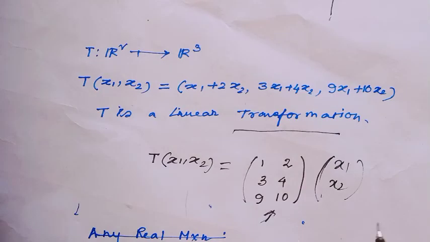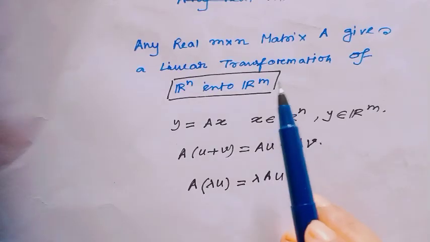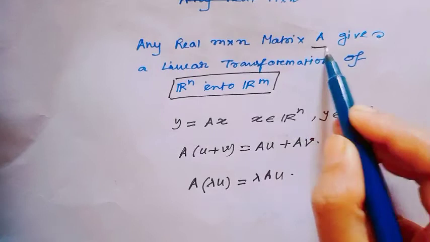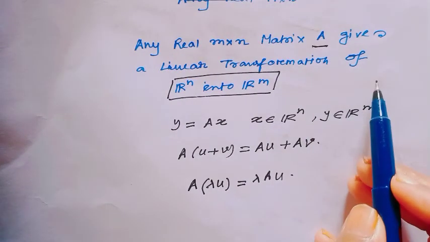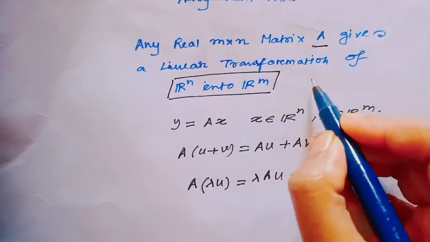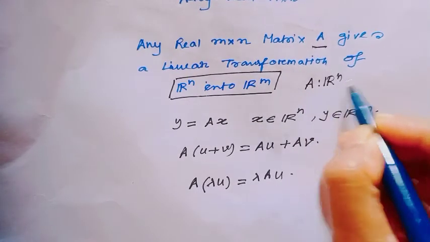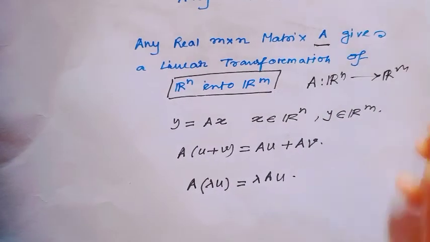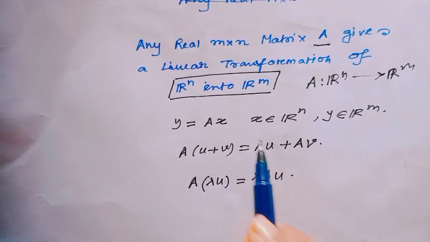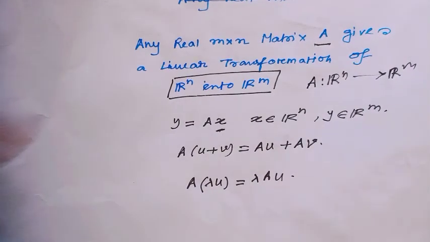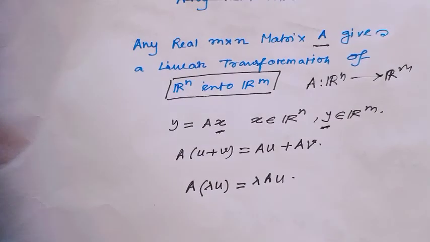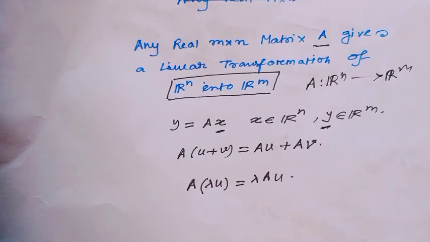And from this idea, we will see one nice theorem. The theorem is every linear transformation is related with a matrix. Therefore, any real m cross n matrix A gives a linear transformation from Rn to Rm. Here A maps from Rn to Rm such that y equal to Ax, where x belongs to Rn and y belongs to Rm. Obviously, this is a linear transformation.